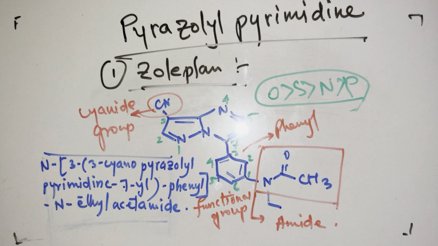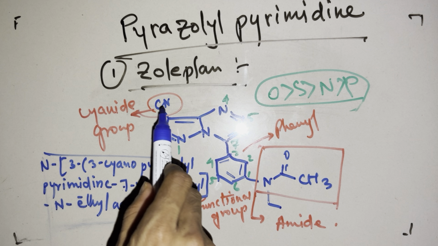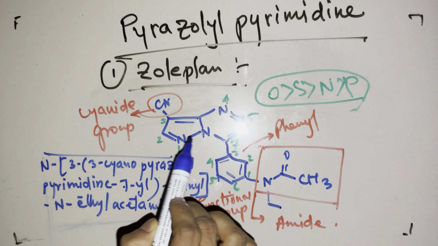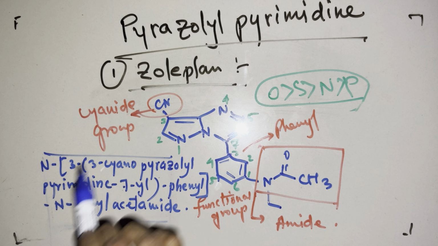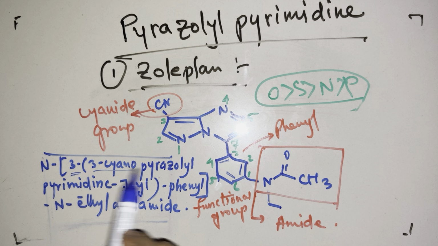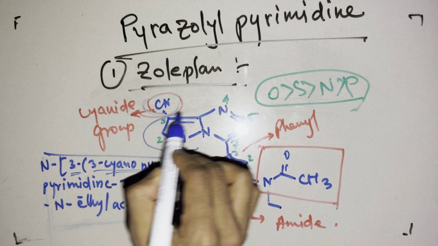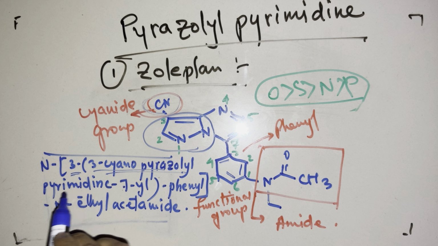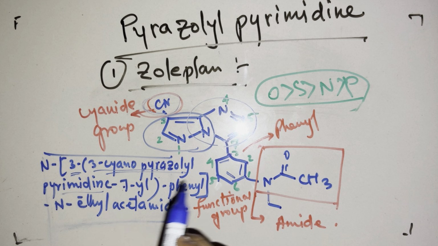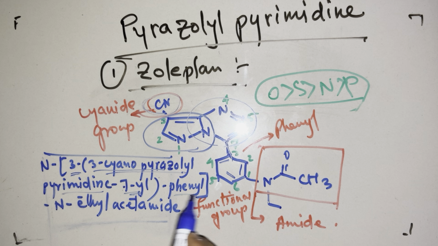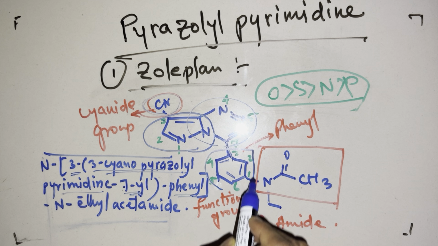Am I clear? See, this cyanide is connected to this one. So N, this connected. First, this is 3 cyanopyrazolile. Then pyrimidine. This one is pyrimidine. Then 7 yl. Then phenyl. This is phenyl.